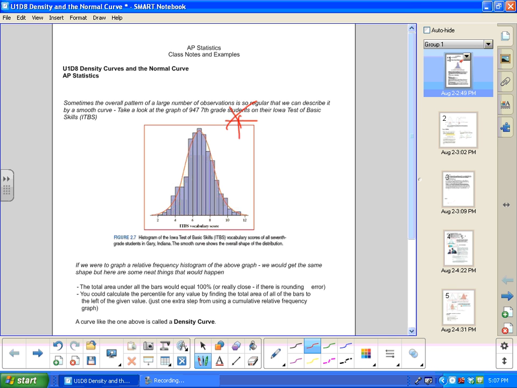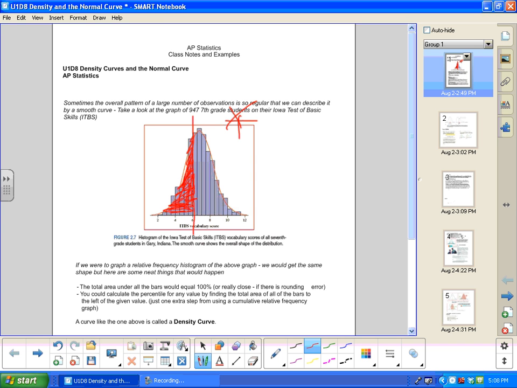So if I wanted to find the percentile for a score of 6, it's like doing a cumulative relative frequency, which is what we learned about last class, but with a graph. All we would do is take all these bars over here and add up all these percents, and that would be the total percent of the students who scored less than a 6.